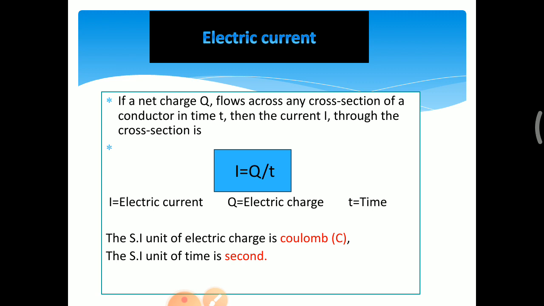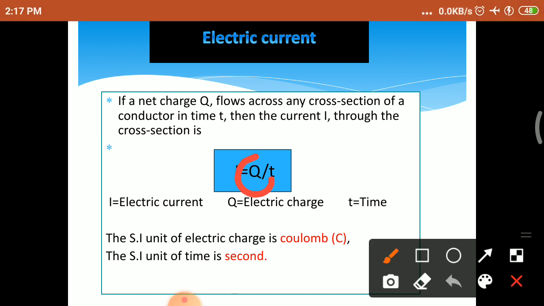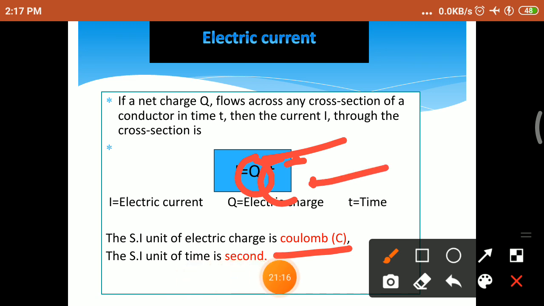The SI unit of electric charge is coulomb, represented by the capital letter C, and the SI unit of time is second. Here Q is the charge, the SI unit of charge is coulomb, and t is the time, the SI unit of time is second, we know that.